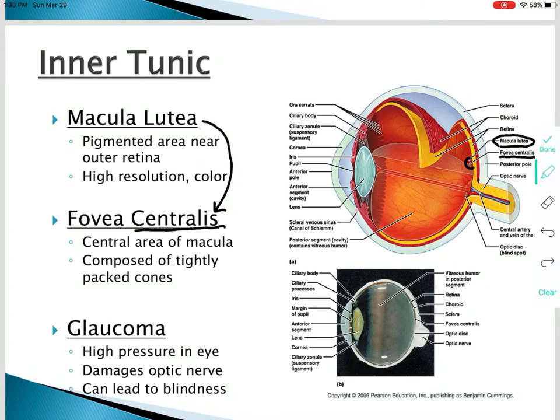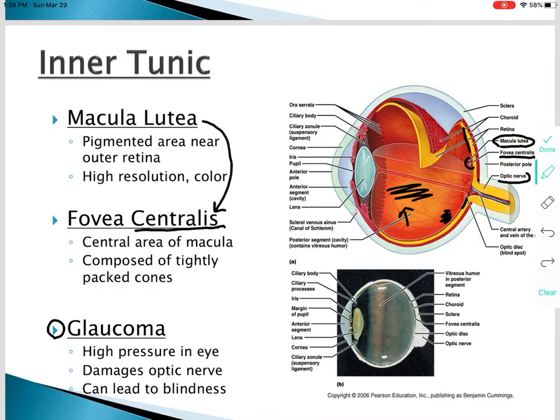All right, one last comment. Just as an example of something that could go wrong, we have glaucoma. You've probably had a glaucoma test if you've gone to the eye doctor. Glaucoma is typically a result of high pressure. So we imagine there's a normal amount of pressure inside the eye, but if that pressure gets to be too high, then we're putting excessive stress against the retina, and against all the structures of the eye.